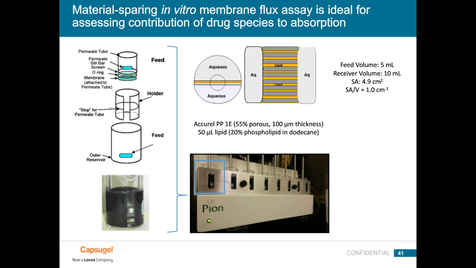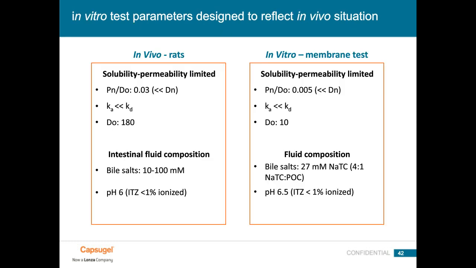So for this particular test, the in vivo study was going to be in rats, and so we wanted to at least somewhat match both the fluid composition and the rate-limiting step to absorption in the in vivo and in vitro case, even if we can't match identically things like surface area to volume ratios. So for rats, which have fairly high bile, we chose 27 millimolar sodium taurocholate with lecithin.